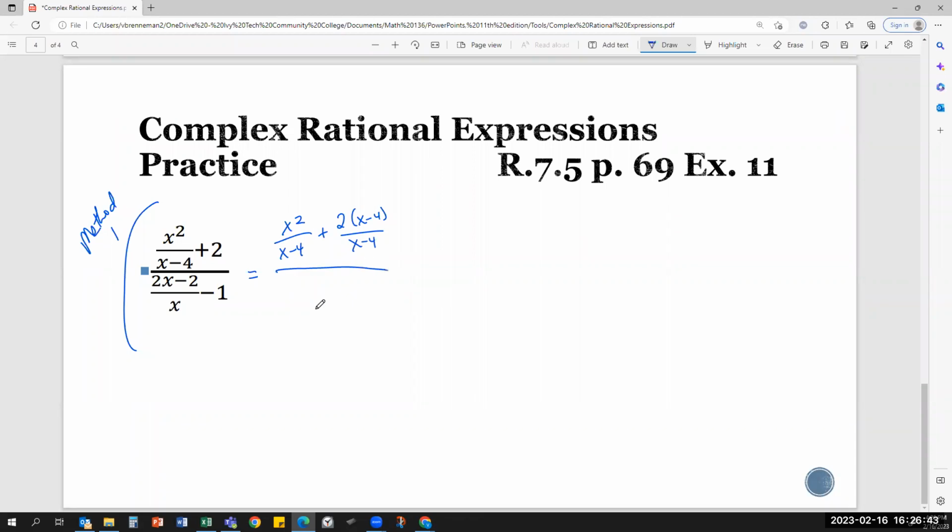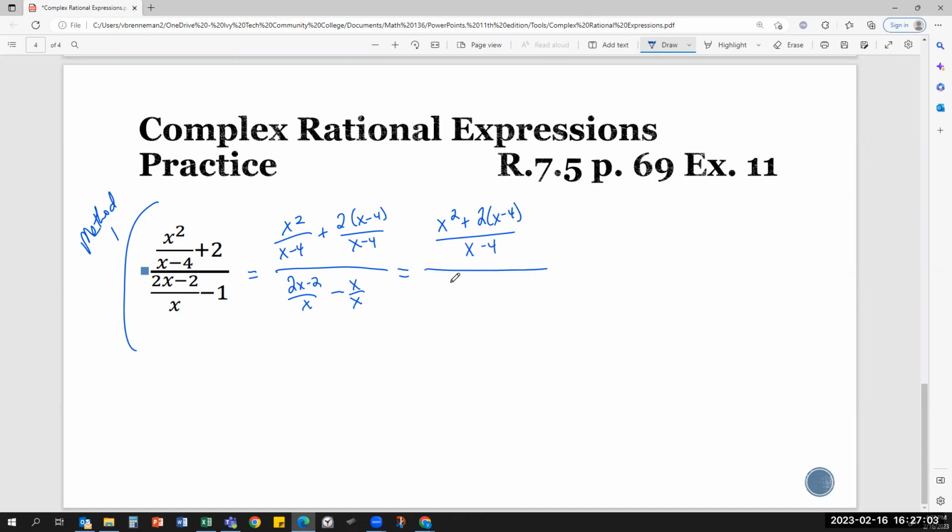And then on the bottom, similarly, 2x minus 2 over x, and then it's going to be minus x over x. So now I have common denominators. I can go ahead and combine. I'm going to have x squared plus 2 times x minus 4 over x minus 4 on top.